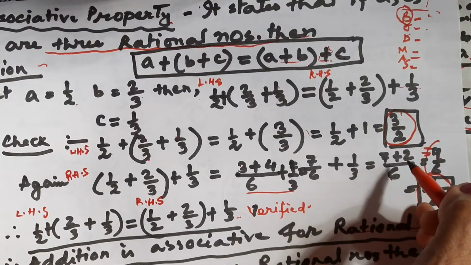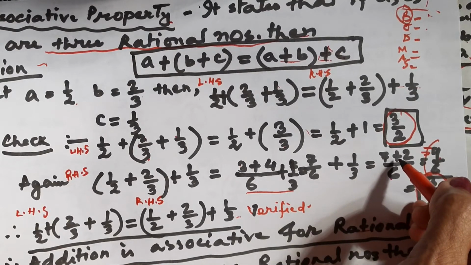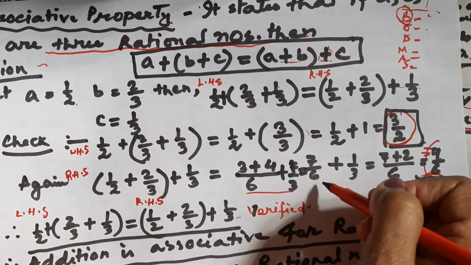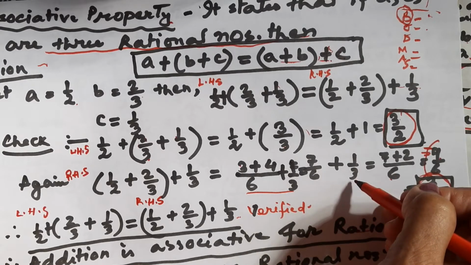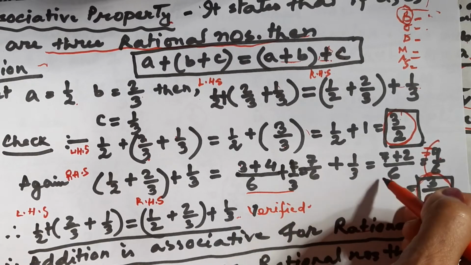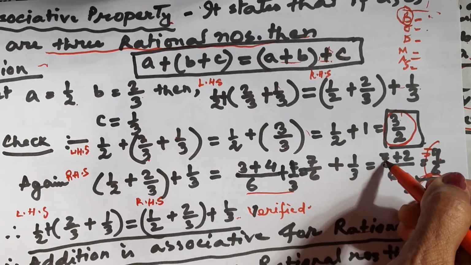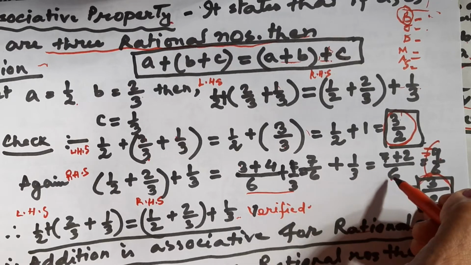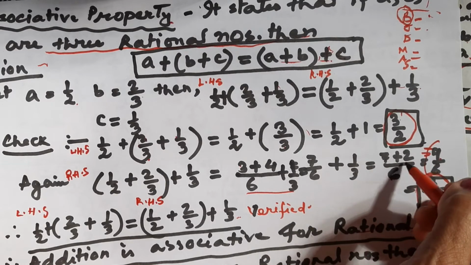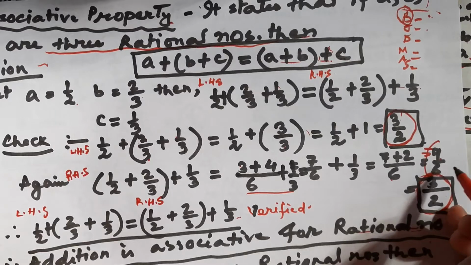Here the denominators are 6 and 3, so the LCM will be 6. 6 goes into 6 1 time, so 1 7 is 7, and 3 goes into 6 2 times, so 2 1s are 2. 7 plus 2 is 9, so 9 by 6.